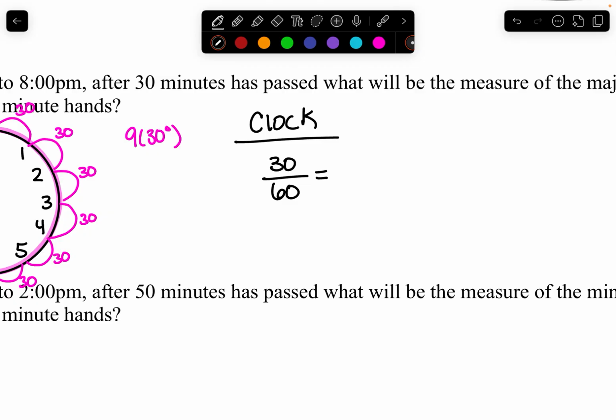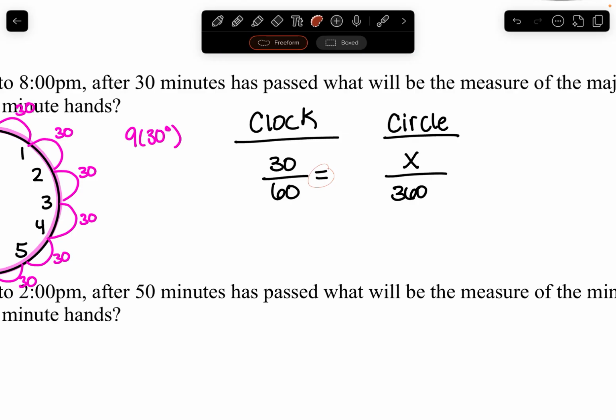So in a clock, that's 30 minutes out of 60 minutes. In a circle, we know that a circle has a total of 360 degrees. Well, how far have we traveled? If we're looking at a full circle, how many degrees is that? We can set up a proportion, okay? Part of it will be the clock, and part of it will be just a full circle. So we can do 360 times 30 divided by 60.